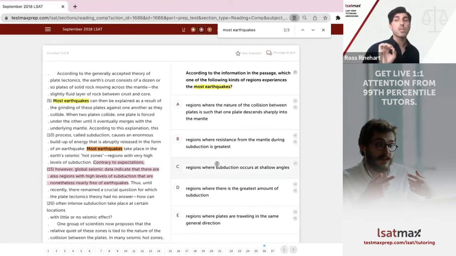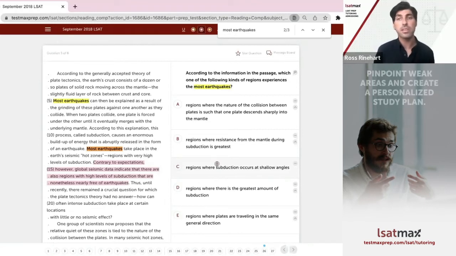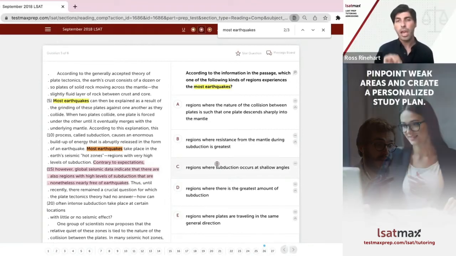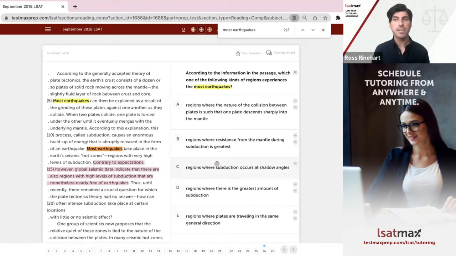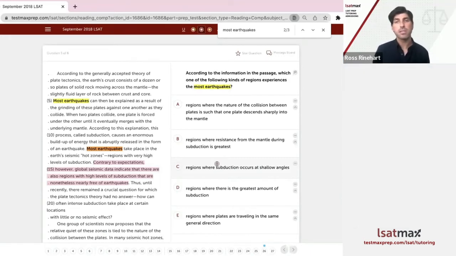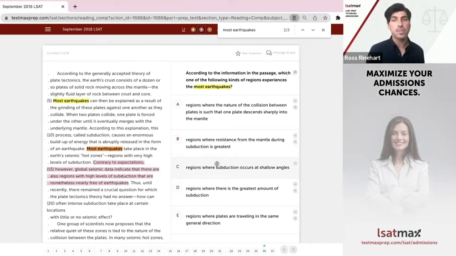Because this is a question that looks to be about a specific detail. However, if you read the entire passage, you would realize that the main point is that it's actually the angle of subduction that leads to earthquakes, and that shallower angles lead to more earthquakes.